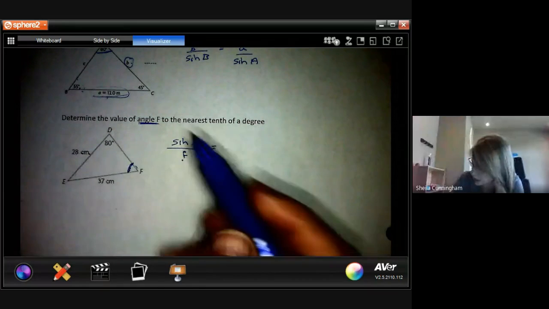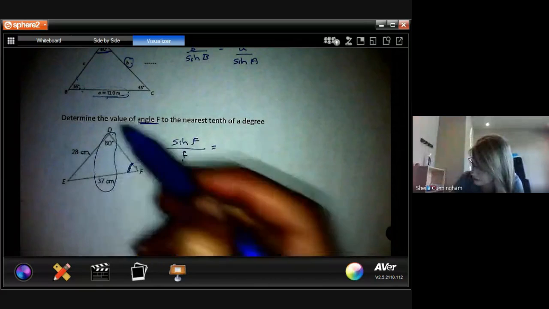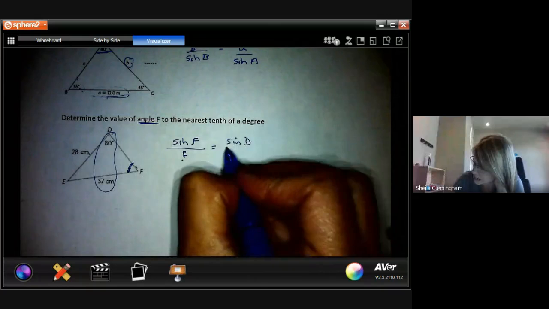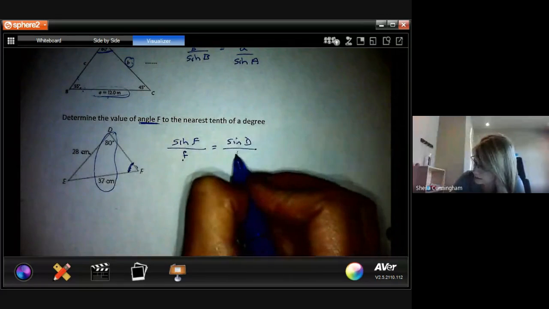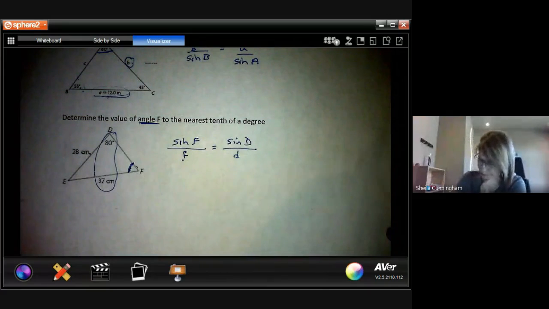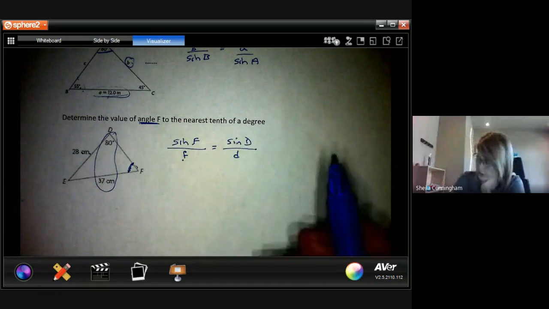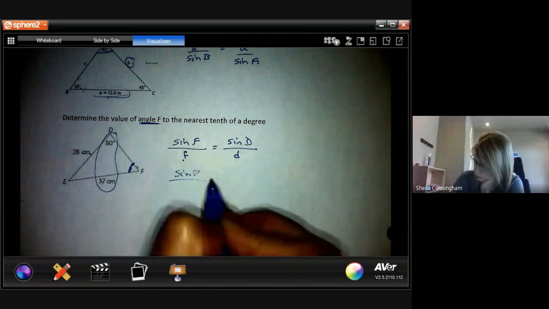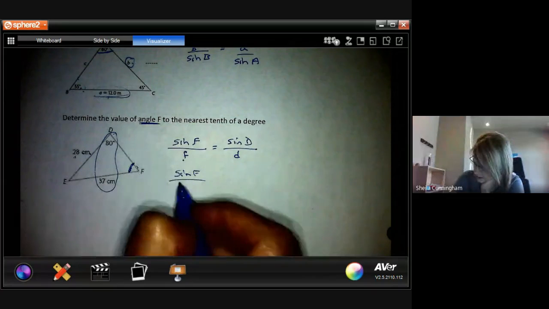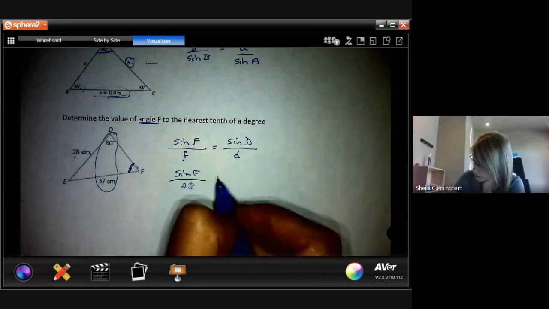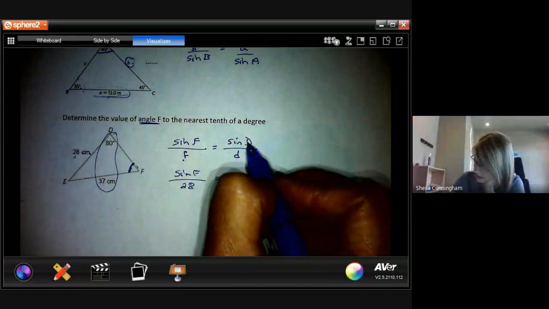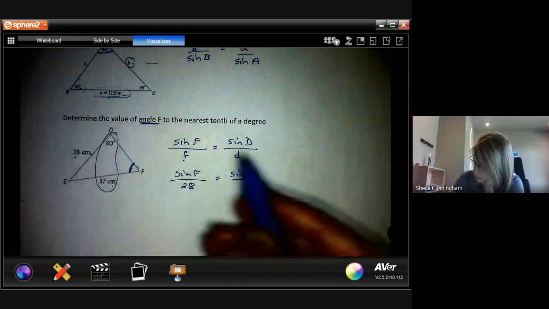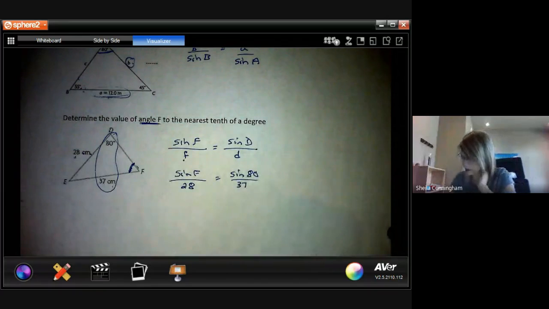Now I have to think about the other pieces of information I have from D. So I'm looking at sine of my D angle measure over my side D. So in this instance, I have sine of F, which I don't know, over my side of F, which is 28 centimeters. And then the other one, I've got sine of D, which is sine of 80 over 37 centimeters.